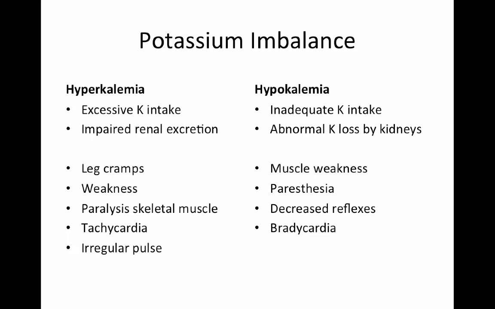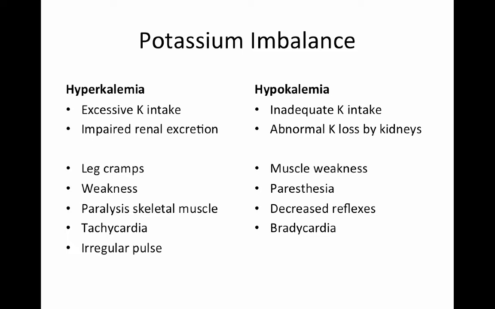In patients, hypokalemia again alters the resting membrane potential, but what it does is it causes a more negative charge within the cell, and that actually leads to reduced cell excitability. In skeletal muscles, this is going to cause weakness and paralysis. You're going to again see this in the lower extremities first. Patients are going to complain of muscle weakness. They're also going to complain of paresthesia, which is numbness or tingling of those lower extremities. They may exhibit a decrease in reflexes, and they may also have bradycardia.